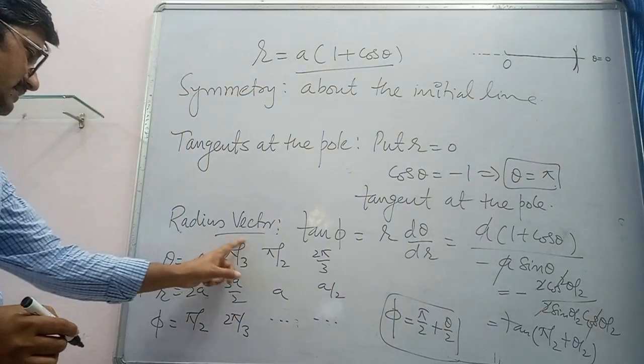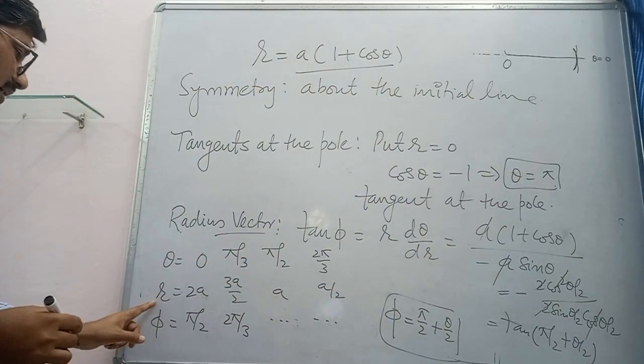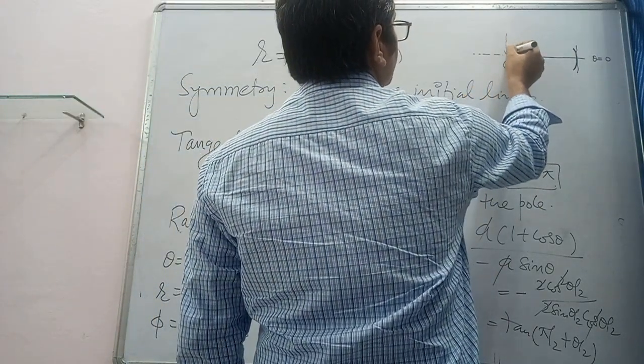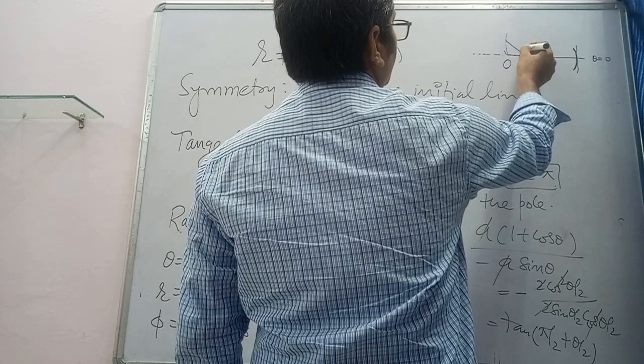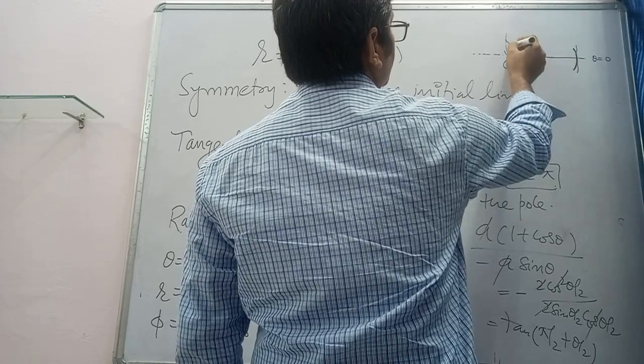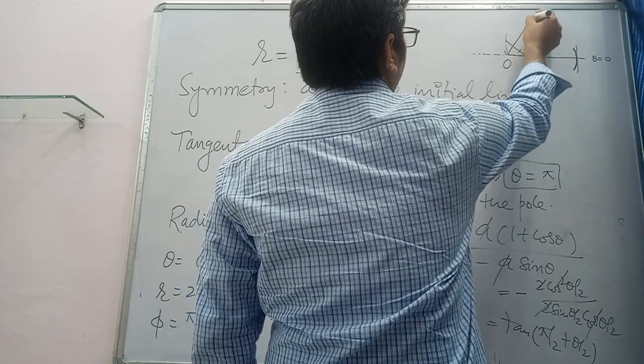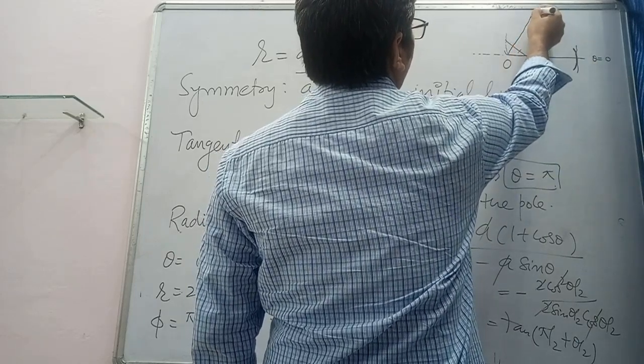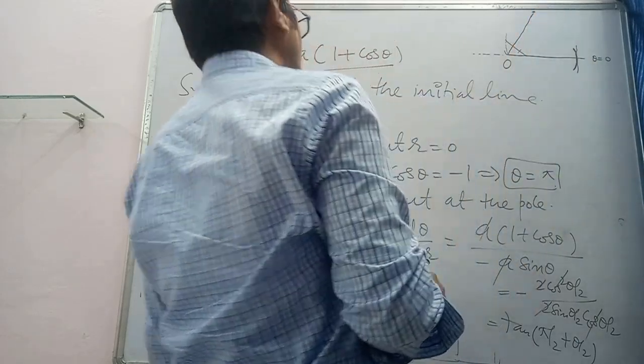And if theta is 60 degrees, r is 3a by 2. Suppose this angle is 90 degrees, you can divide this into 3 equal parts, so 60 degrees is this one. If this length is 2a, then this point is 3a by 2 almost.